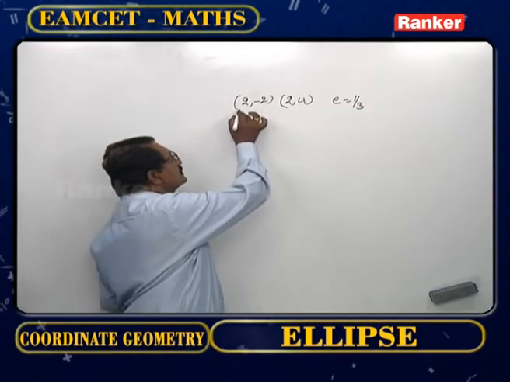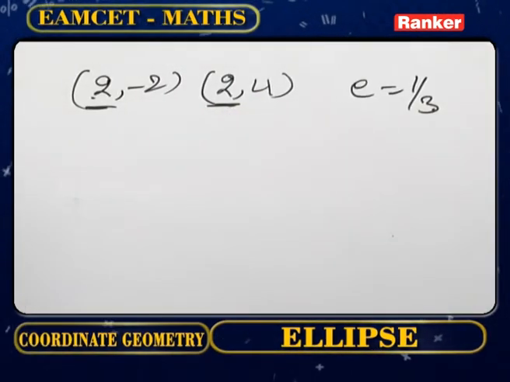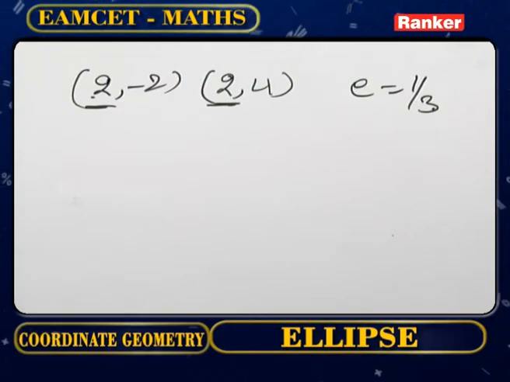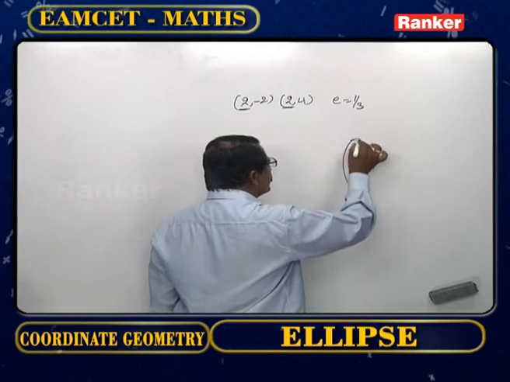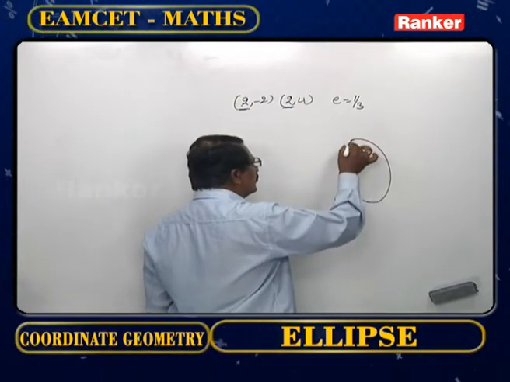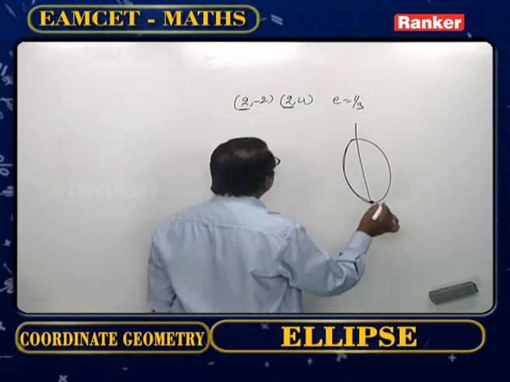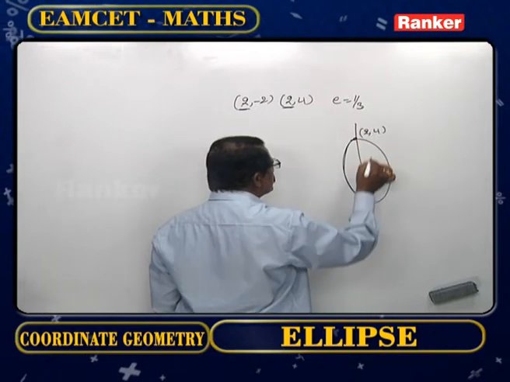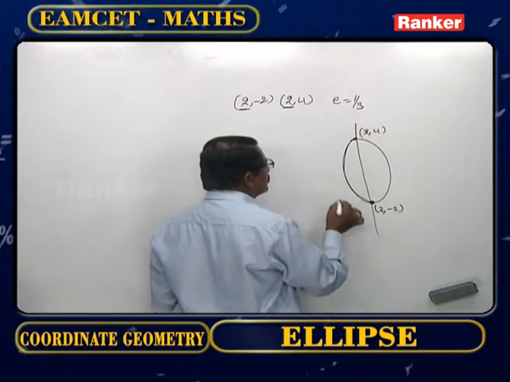In both points the x coordinates are equal, so the line segment joining the two points is parallel to the y axis. In that case the ellipse is a vertical ellipse, not a horizontal ellipse. Given vertices: one vertex 2 comma 4, second vertex 2 comma minus 2.